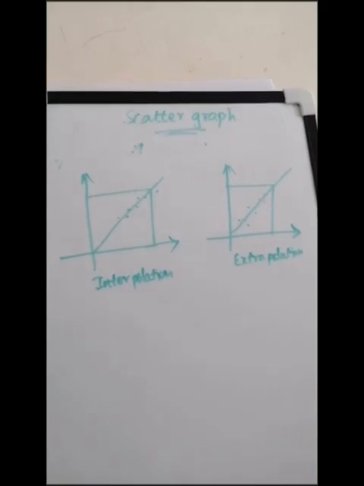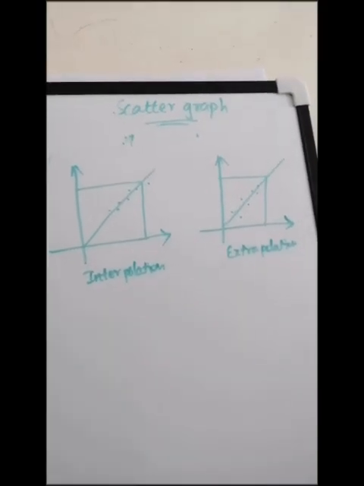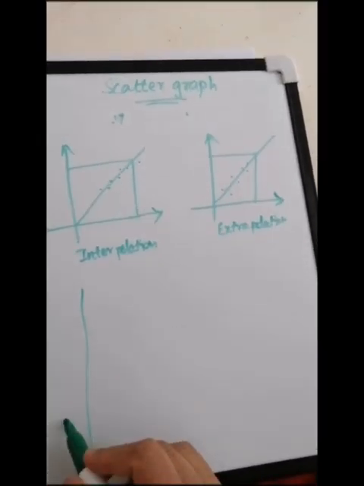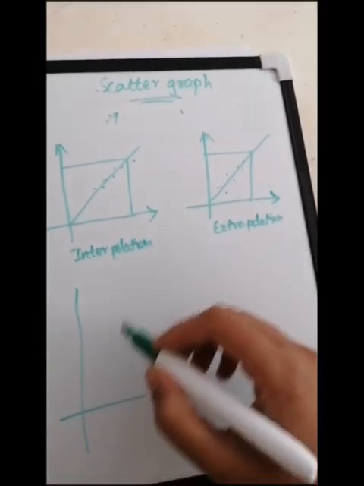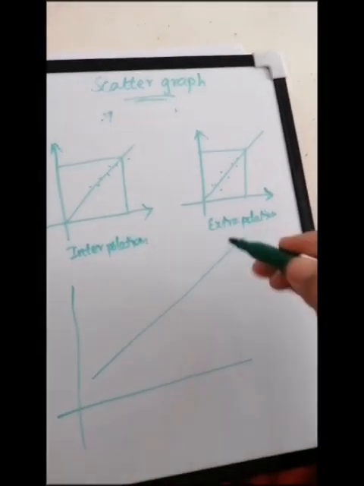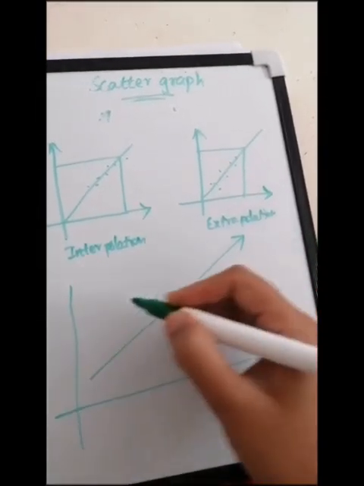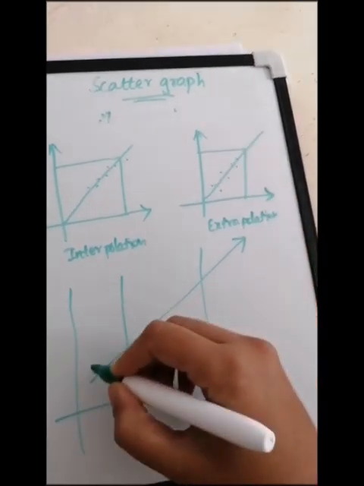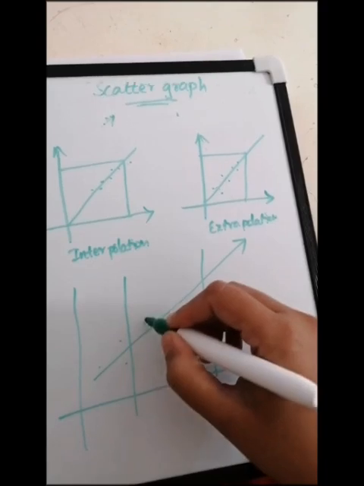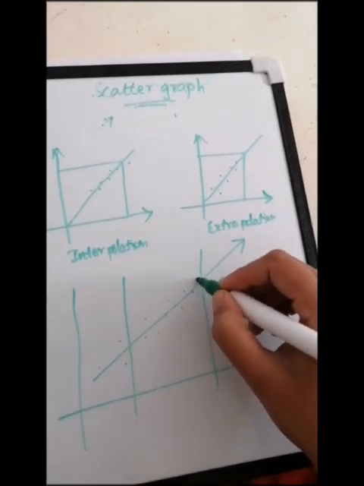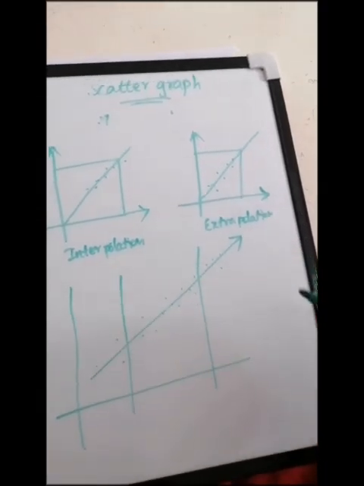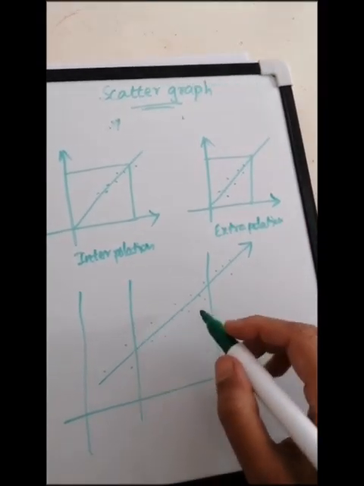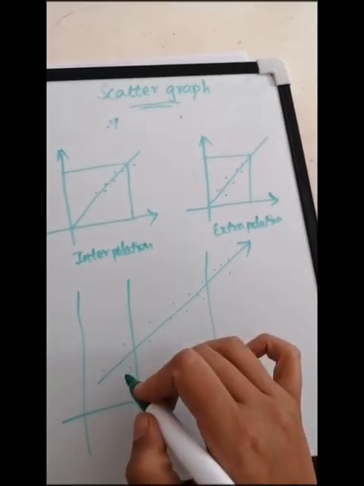This is an example for interpolation and extrapolation. Let me draw a bigger one. This is a line of best fit, with some points here and some more here. Here we have the maximum values and the minimum values.